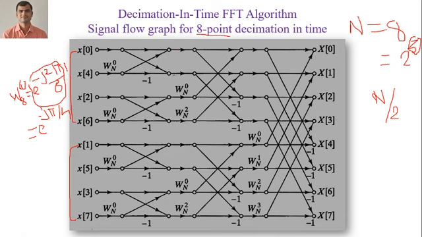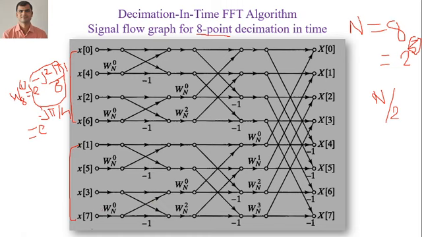Here s1 of 1 is x of 0 minus x of 4. Similarly here x of 2 plus x of 6, at this point x of 2 minus x of 6, at this point x of 1 plus x of 5, x of 1 minus x of 5, x of 3 plus x of 7, and x of 3 minus x of 7. So this is the output of stage 1.